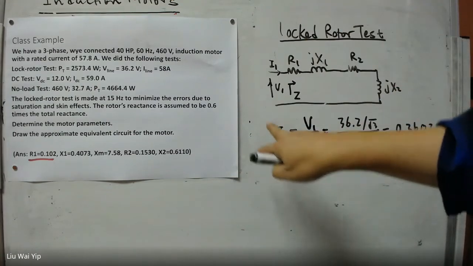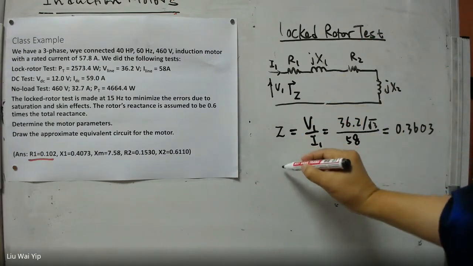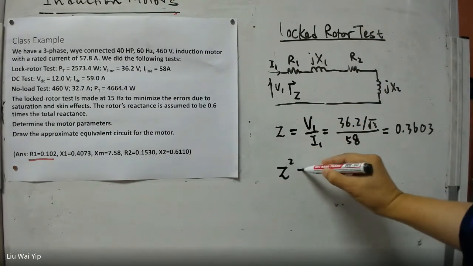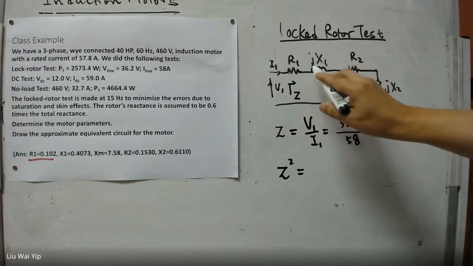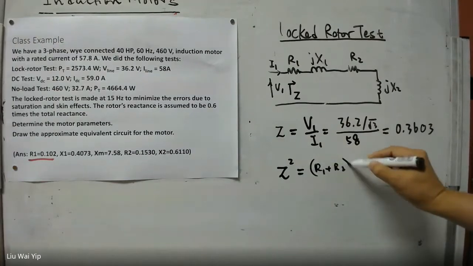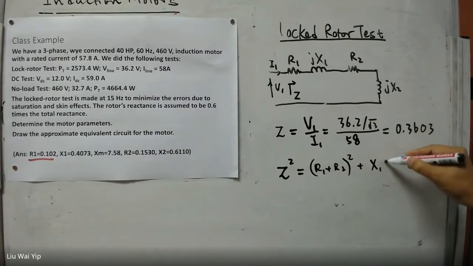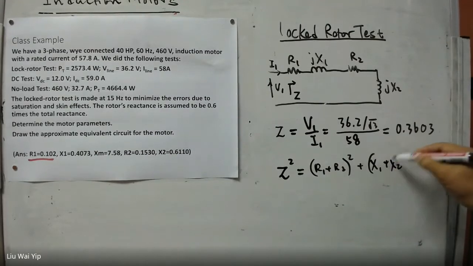And we are going to calculate based on this formula: Z squared is equal to (R1 plus R2) squared plus (X1 plus X2) squared.